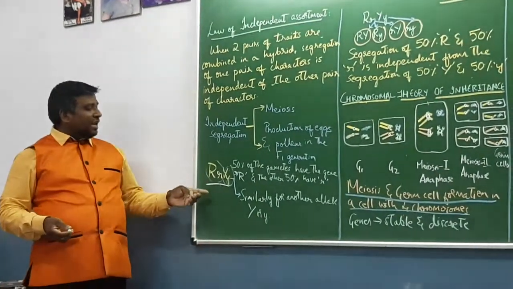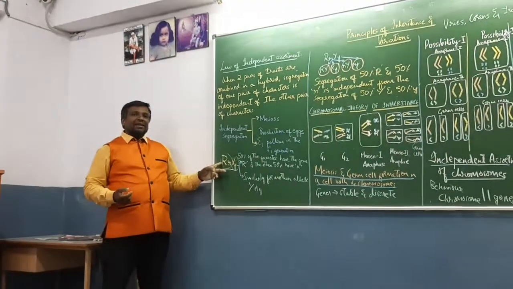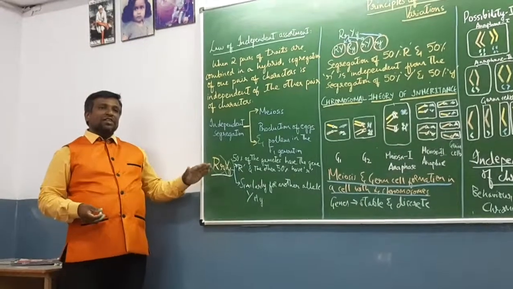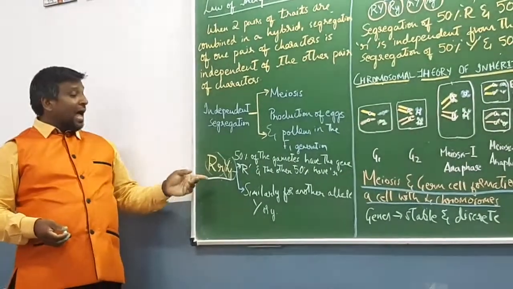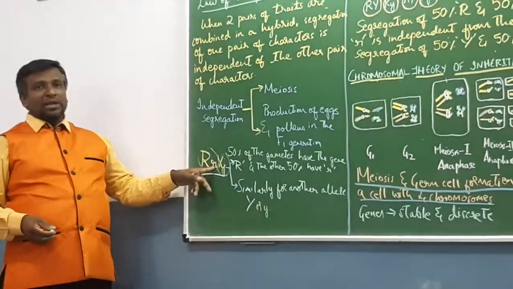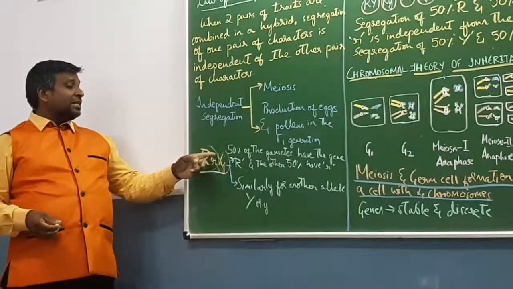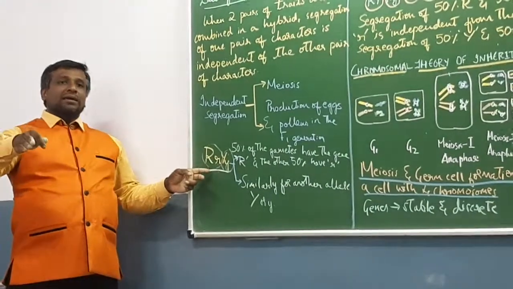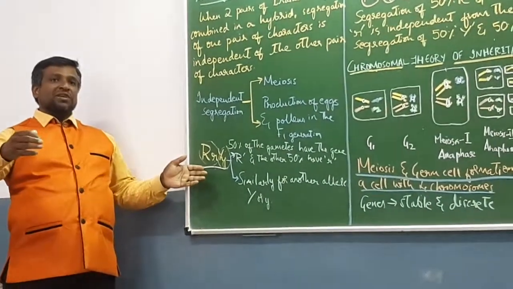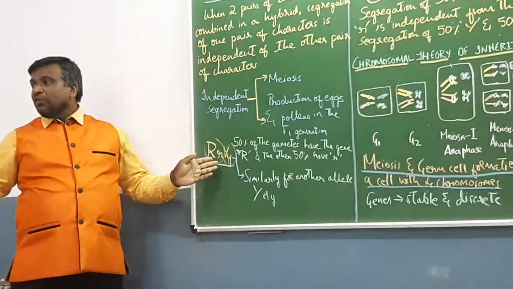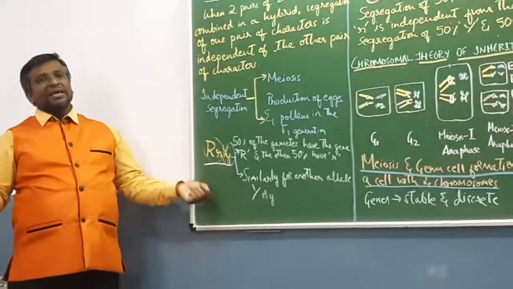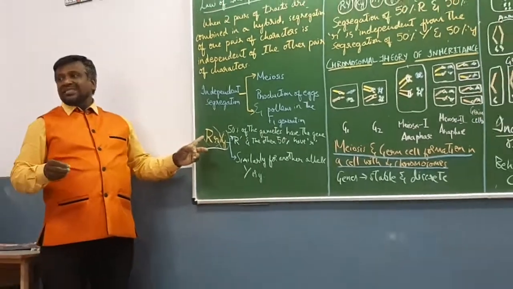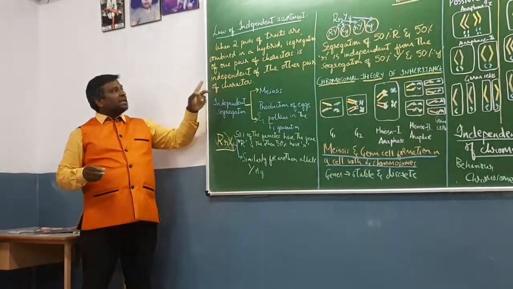In simple terms, capital R separates from this combination: 50% of the gametes will have capital R, another 50% will have small r. There is a separation of Y also, on similar lines: 50% of gametes with capital Y and 50% with small y. But this Y will not influence R. That is the independent assortment.